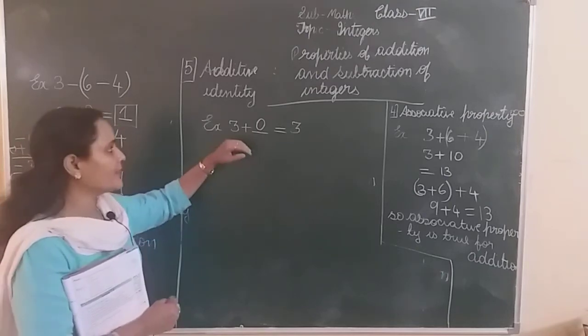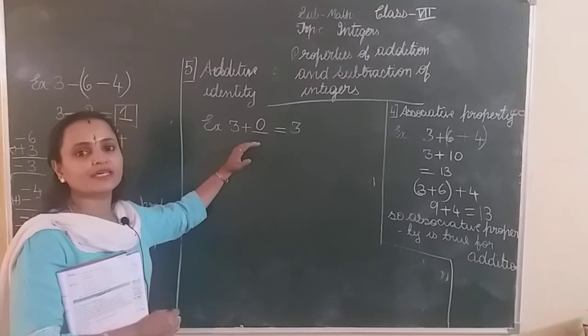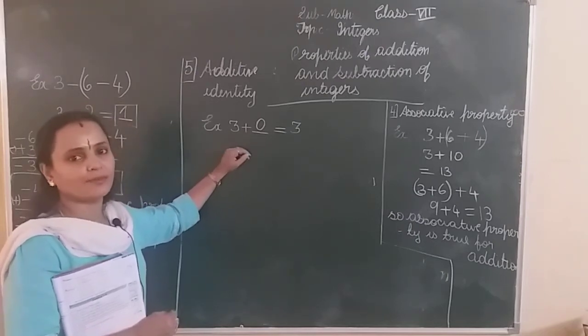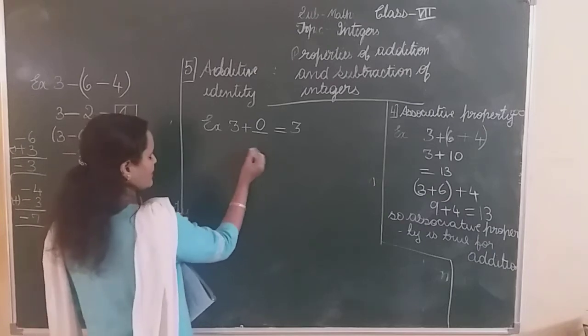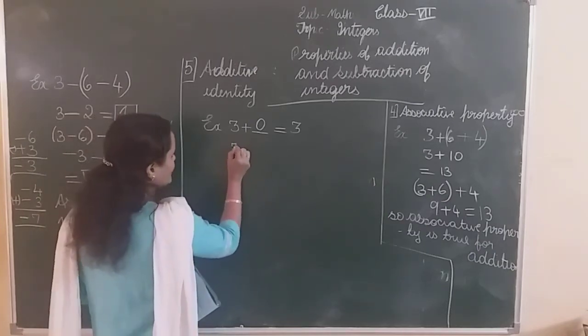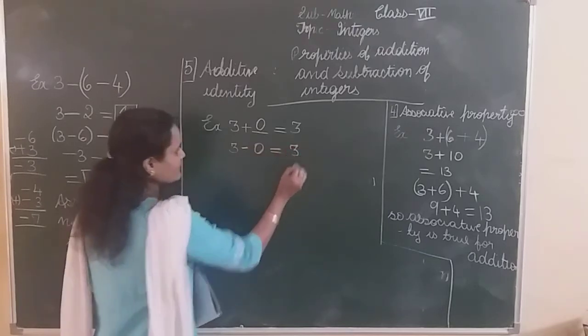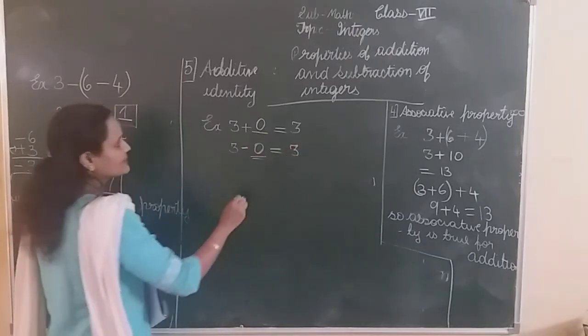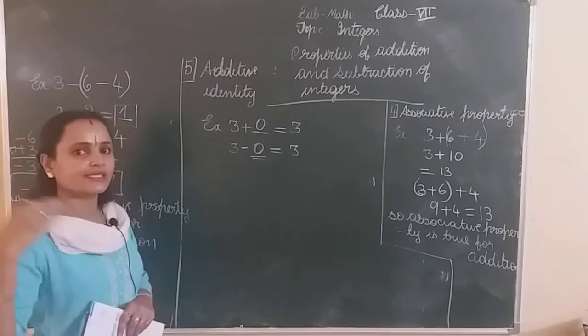When you are adding or subtracting 0 with any number, the result will be the same number. For subtraction also, 3 minus 0 is also 3. So 0 when added or subtracted with any number, you get the same answer.